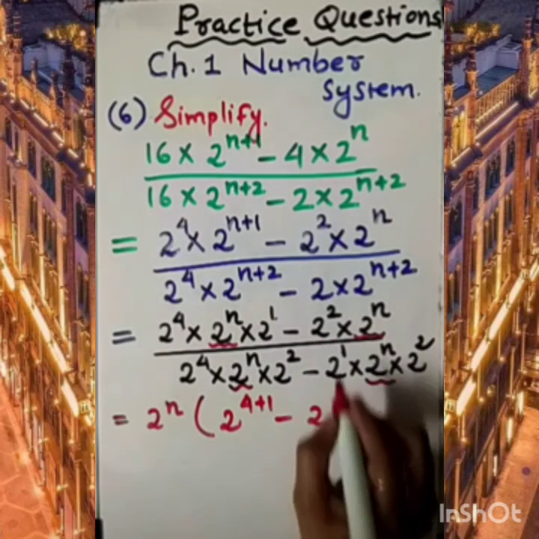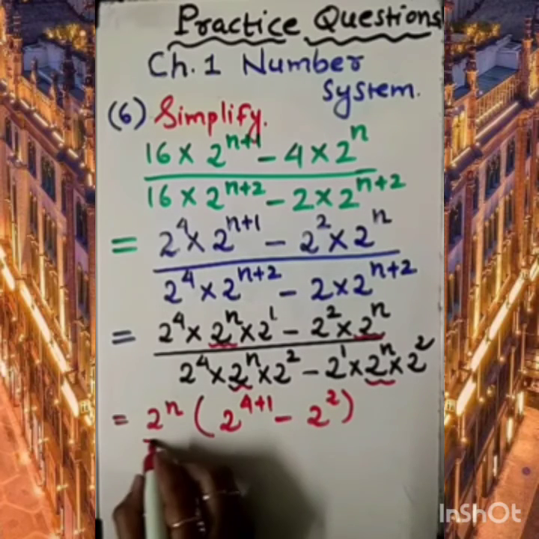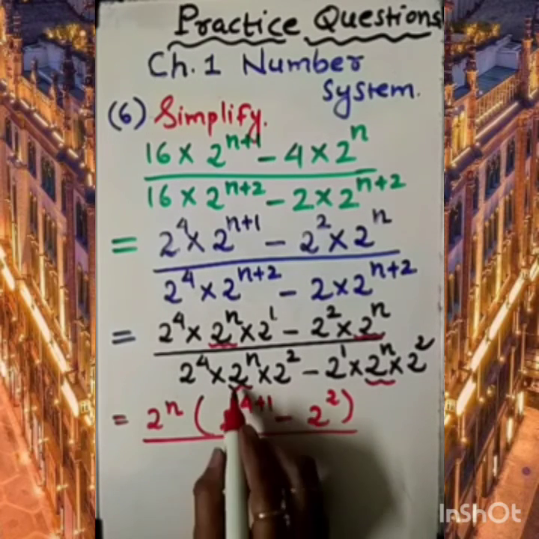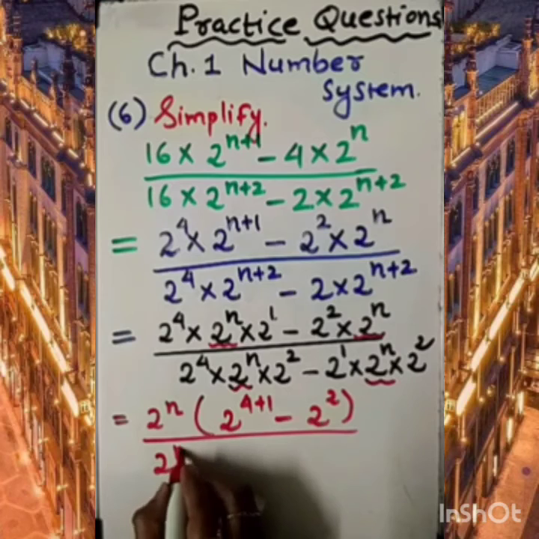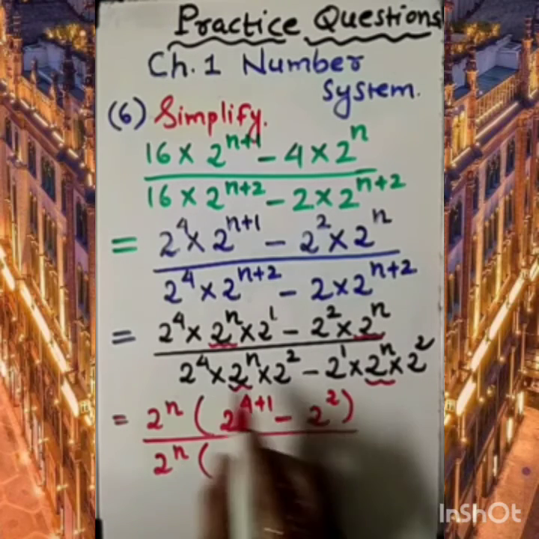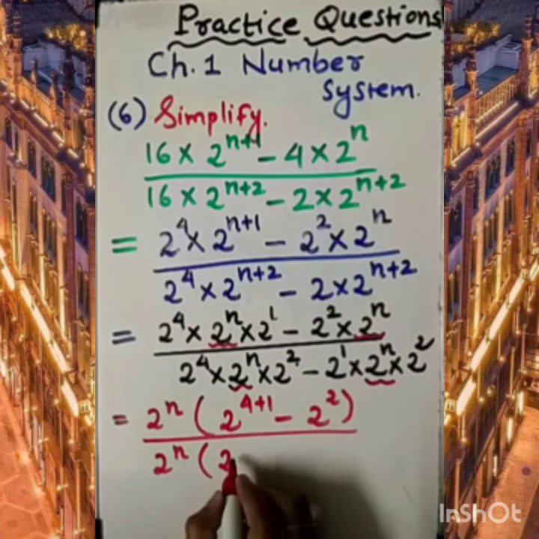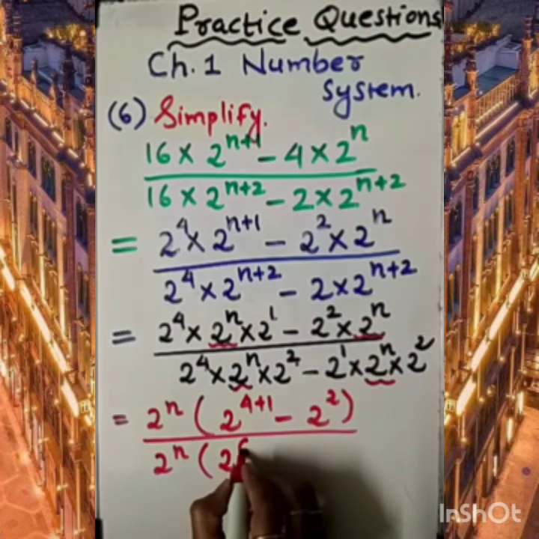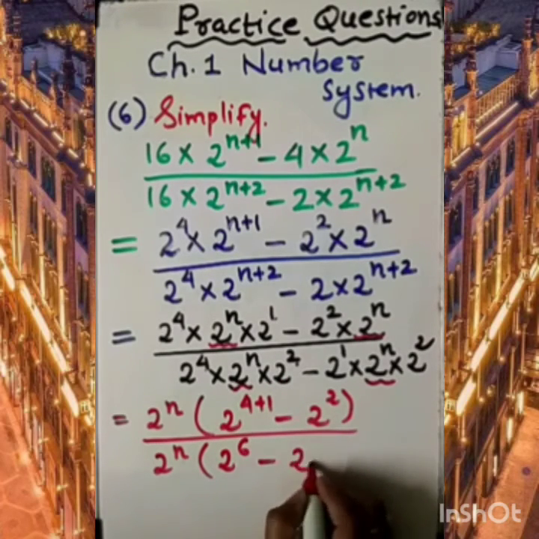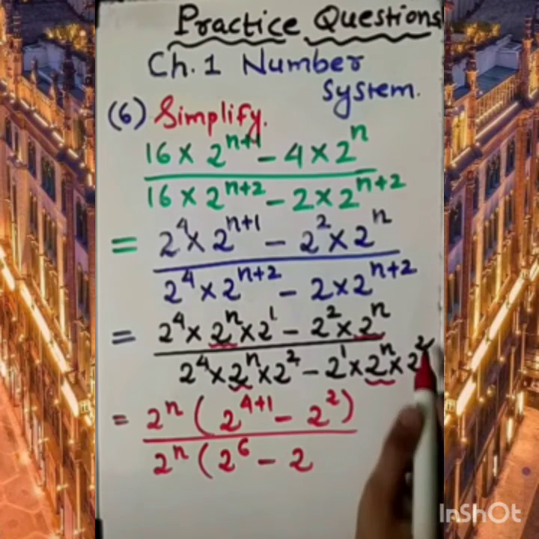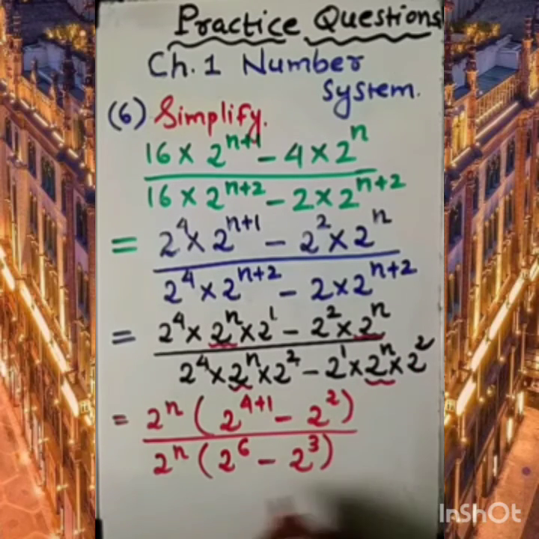Here 2 to the power 2 left. In denominator 2 to the power n, we need to take out common. So here 2 to the power 4 plus 2, so it will be 2 to the power 6 minus 2 to the power 1 plus 2, that is 3. Right?